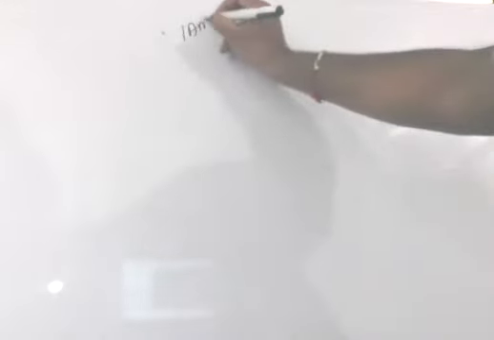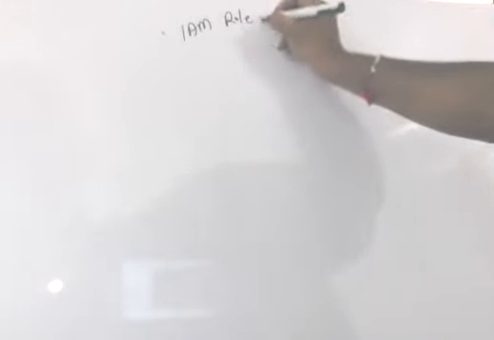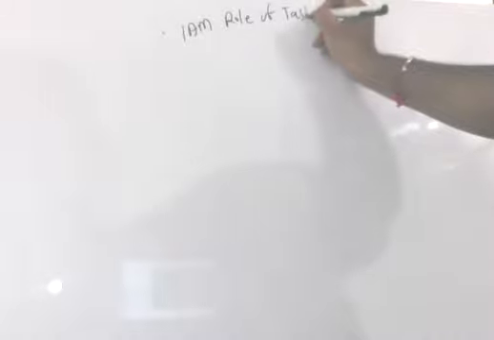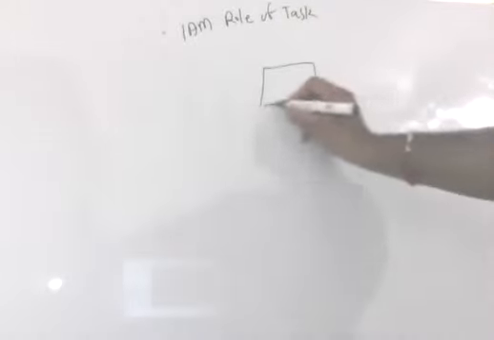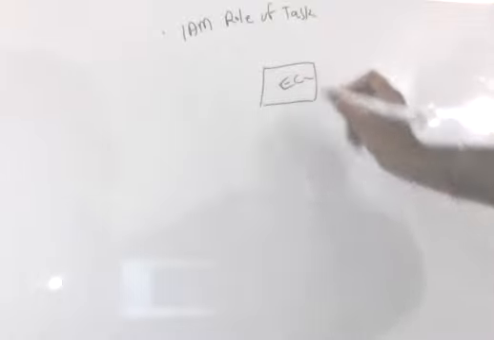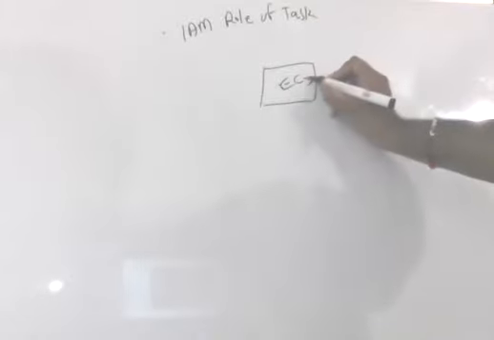Now, this is very important: the IAM role of a task. Let's say you have an EC2.